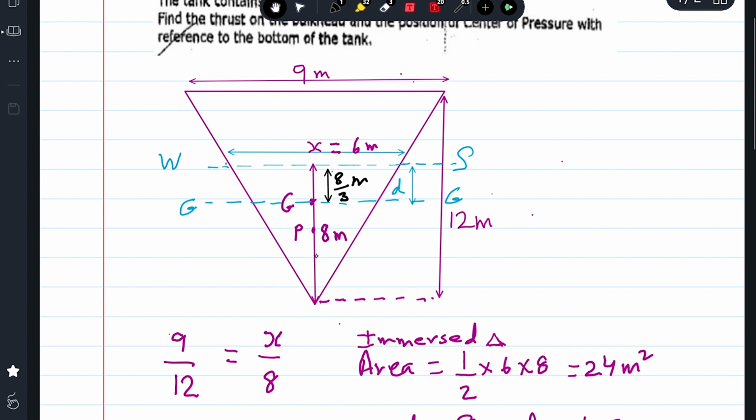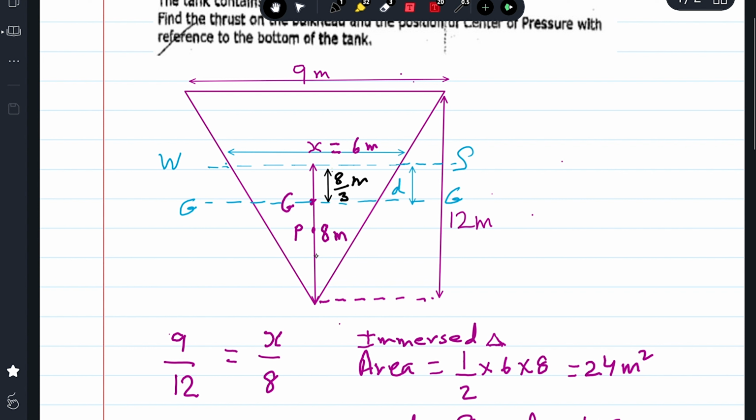The base will be x, that WS is x, and the height is 8 meters. So 9 upon 12 is equal to x upon 8, and we get x equal to 6 meters. So 6 meters is the base of this triangle at the top water surface.